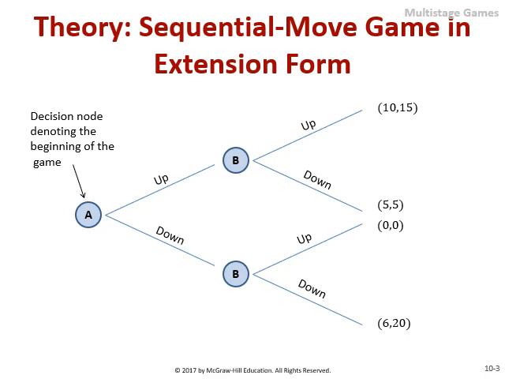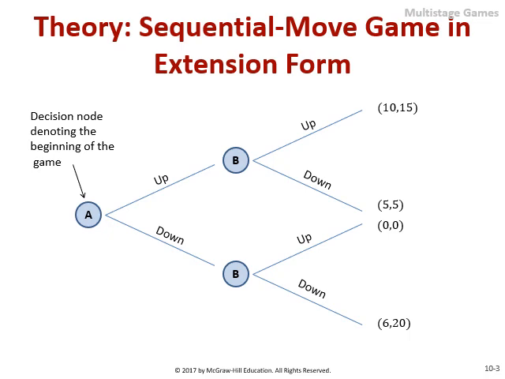In the circle, we specify the player who will take the move. Again here B, this means that this is another decision node, and it's now the turn for player B to take a decision. So after A plays up, player B has two strategies, either to choose up or to choose down.